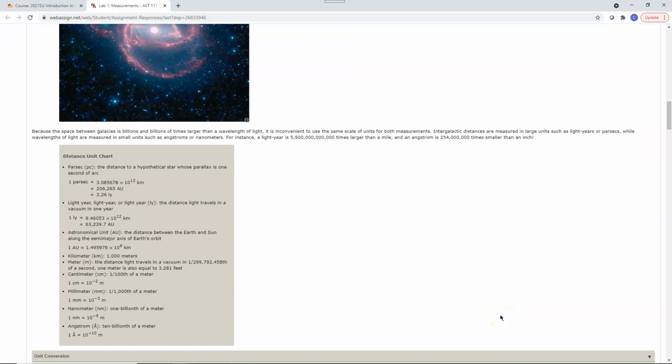Well, generally, we understand some distances here. A parsec, in this case, is the distance to a hypothetical star whose parallax is 1 second of arc. Based on that 1 second of arc and how far we are from the sun, this star would be roughly 3.26 light years away. Now, what does that mean?